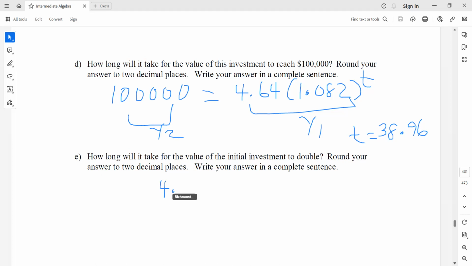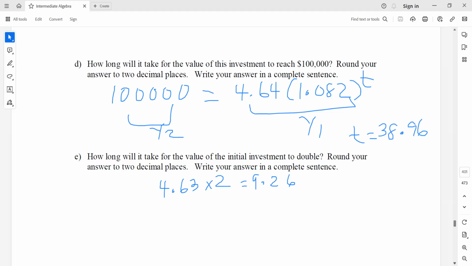So 4.63 times 2, because it says how long will it take to double. So that will give us 4.63 plus 4.63, so 9.26.